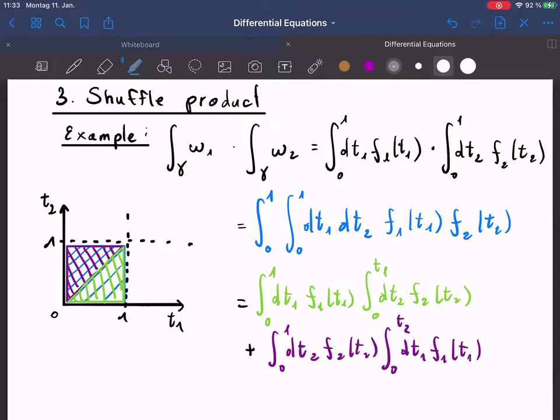But if you look carefully, you will see that each of these two integrals, the green one and the purple one, are themselves iterated integrals. So if I multiply the iterated integral of omega 1 and the iterated integral of omega 2, what I get back is the iterated integral of omega 1, omega 2, and omega 2, omega 1.